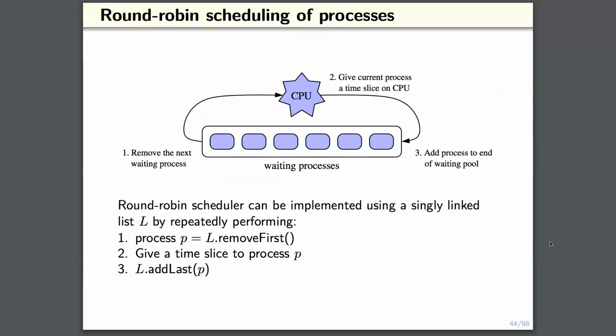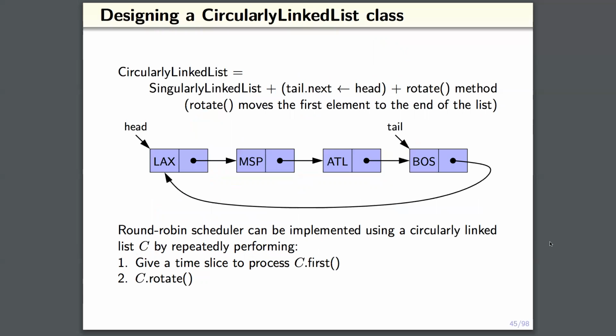Using these 3 steps. However, you can do better. Let's create a data structure called circularly linked list. And the idea here is very simple. We will just change SLL slightly so that we can get a better data structure. What are the changes? Suppose you had this SLL, singly linked list.